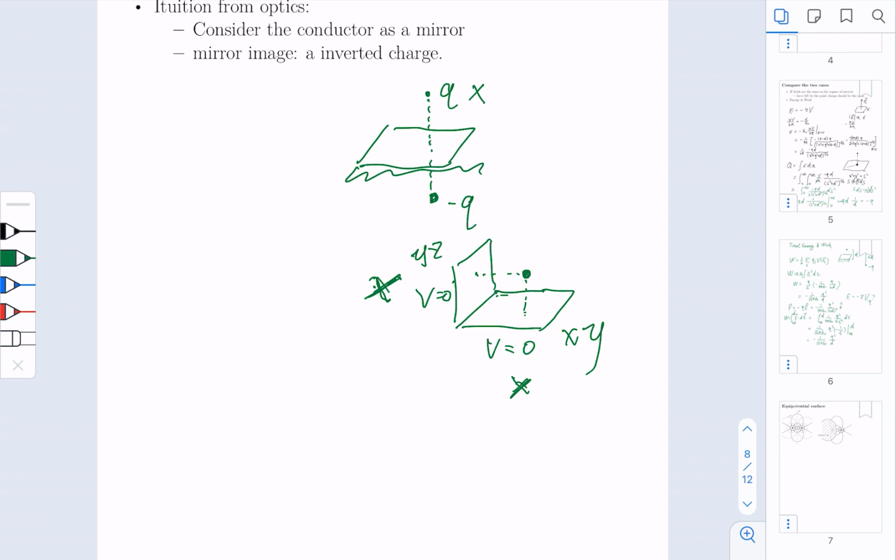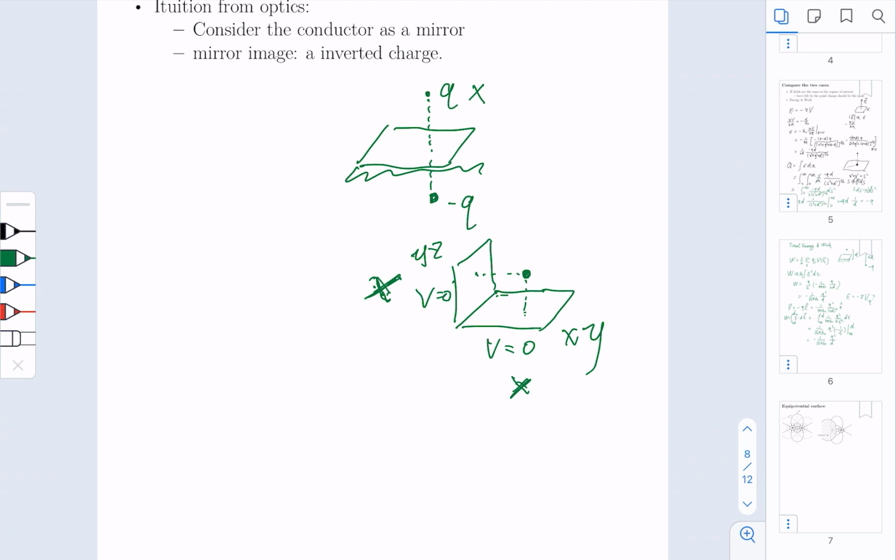So you need to introduce an extra image charge to solve that inconsistency, and you can use your intuition from optics, maybe do an extra mirror image somewhere, and then check in the end to see if your proposed image charge solution actually solves the problem by looking at the boundary conditions.